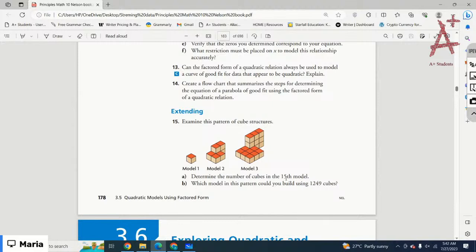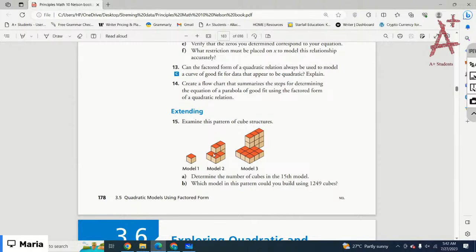Okay, just look at the pattern formed by the models. Model 2 and 3 look as though they could be broken into two equal square shaped prism parts. If one more cube were to be added to the corners of these two prisms, basically they have just one less. Got it? You have to write down the equation to determine the number in the 15th model. Which model in the pattern could be built using 1249 cubes? Okay, you have to write down the equation first.